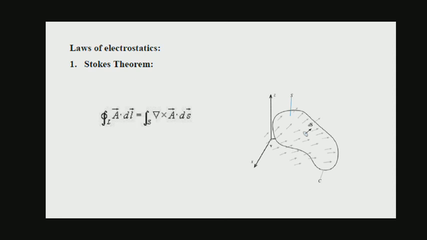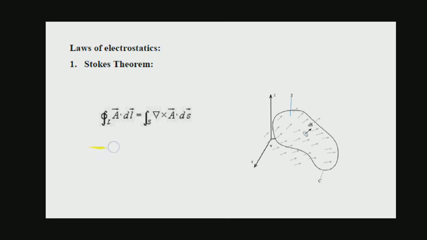Next, laws of electrostatics. 1. Stokes theorem. It states that the circulation of a vector field vector A around a closed path is equal to the integral of del cross vector A over the surface bounded by this path.